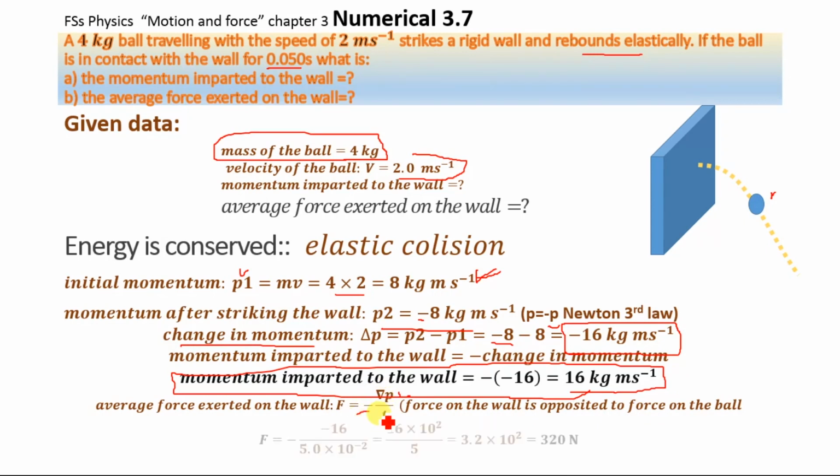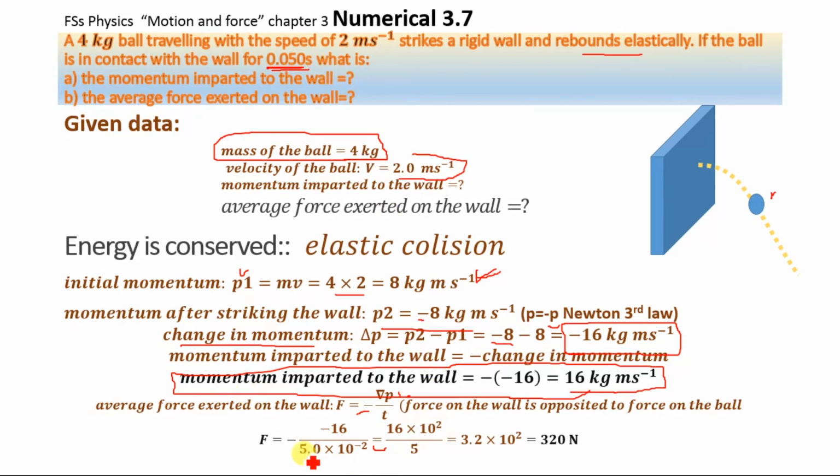Now substituting the value of change in the momentum we have calculated, which was minus 16, divided by 5.0 times 10 power minus 2. This is the time taken, which is given as 0.050 seconds. In scientific notation, this time can be expressed as 5.0 times 10 power minus 2.